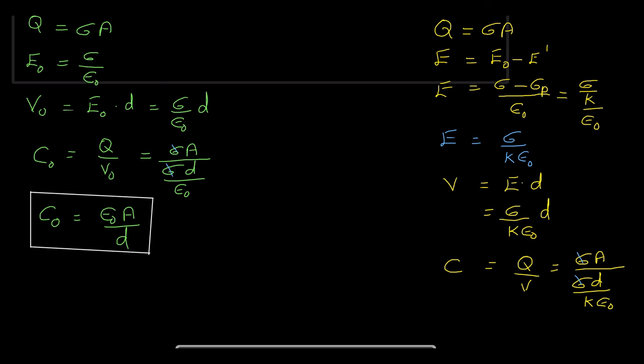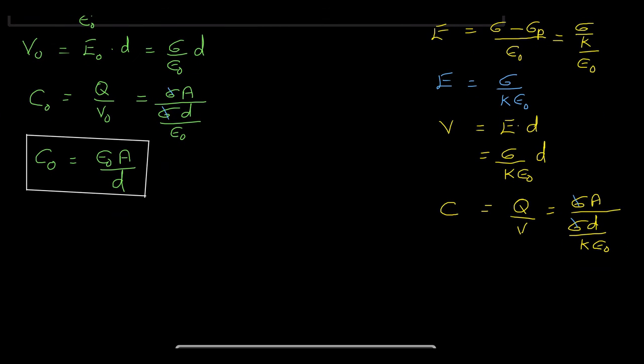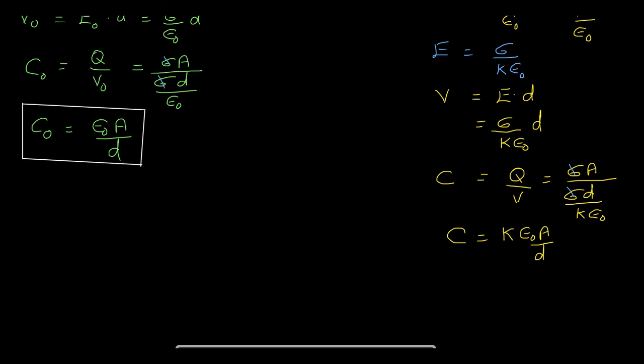Therefore, C equal to K epsilon naught A by d. Already we know epsilon naught A by d is C naught. Therefore, C equal to K times C naught.